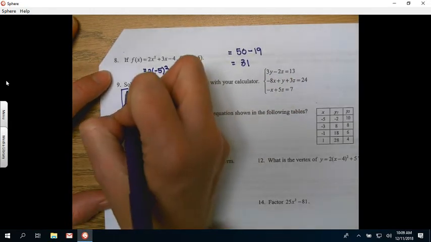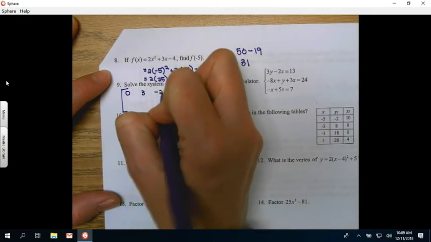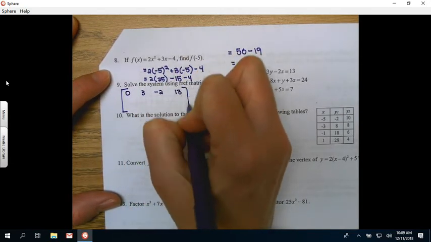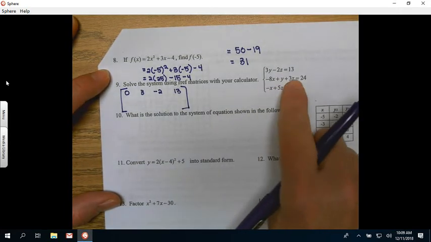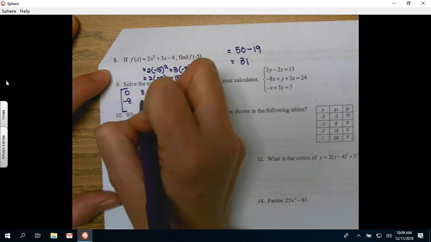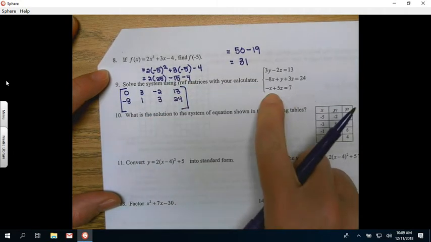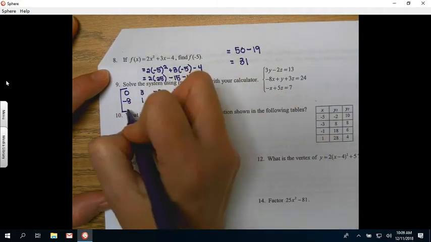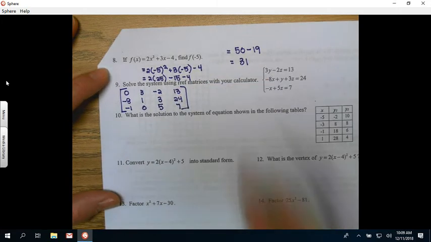So I'm going to start with a 0, then 3, negative 2, 13. Your second equation has x, y, and z, so I don't need a single placeholder there. Now my last one, I'm missing the y, so I have a negative 1, 0, 5, and a 7.